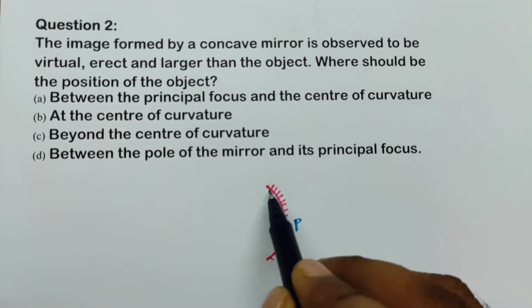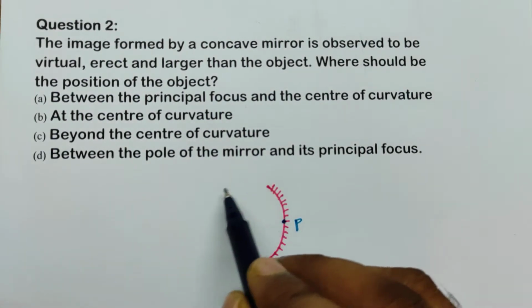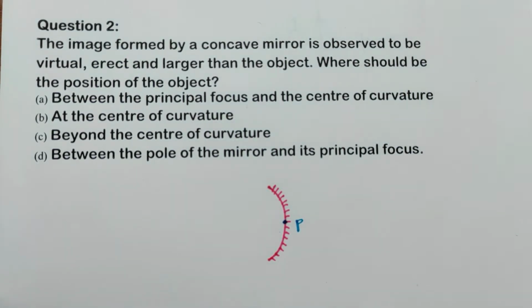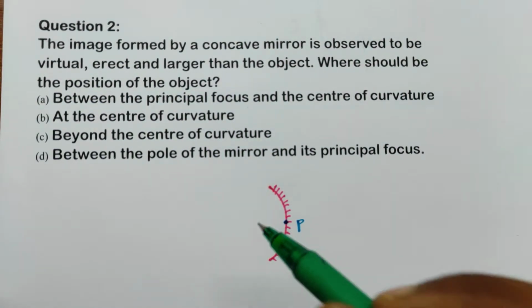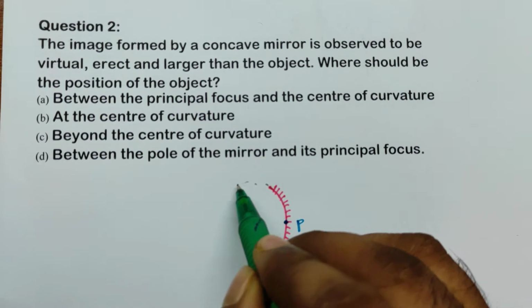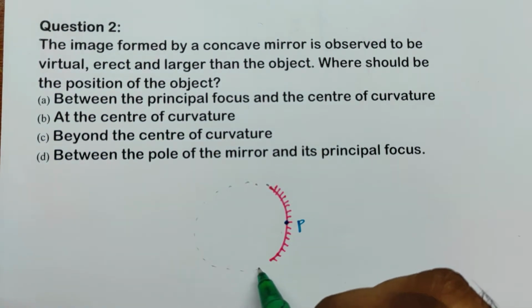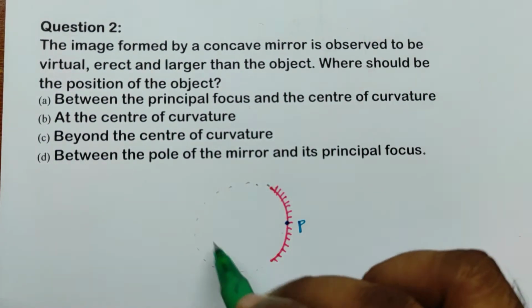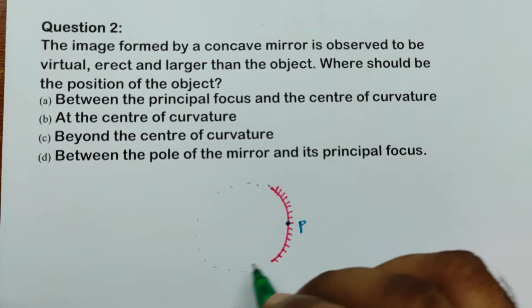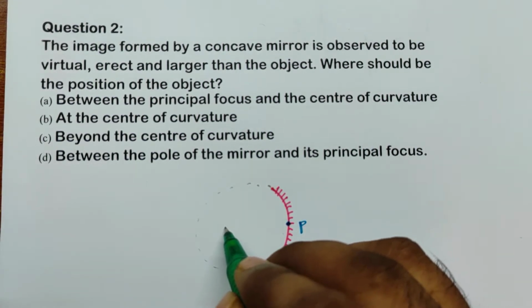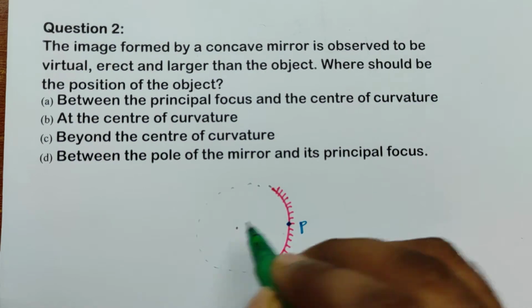Since it's a spherical mirror, that means this mirror is formed from a sphere. For example, if we extend these joints like this, you will get a round sphere. This sphere has a center, so let me take this as the center of the sphere.